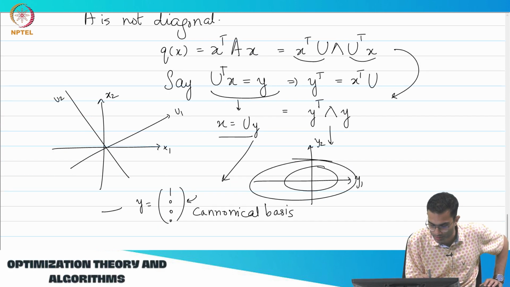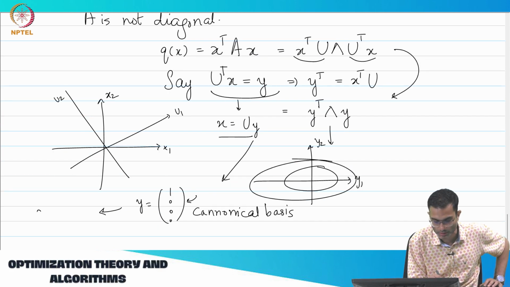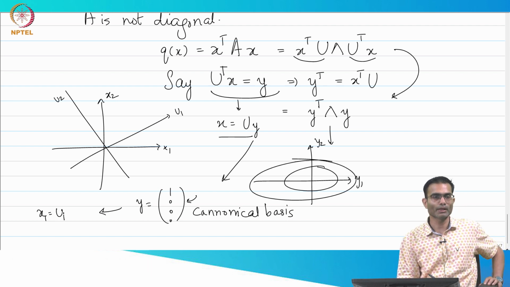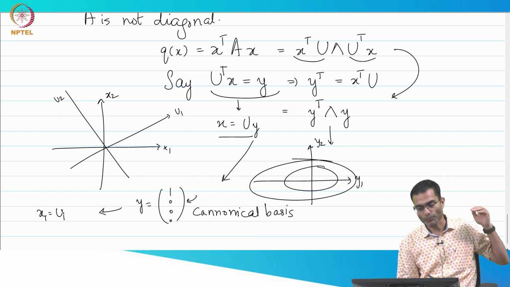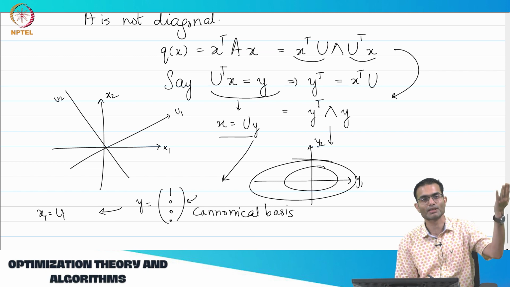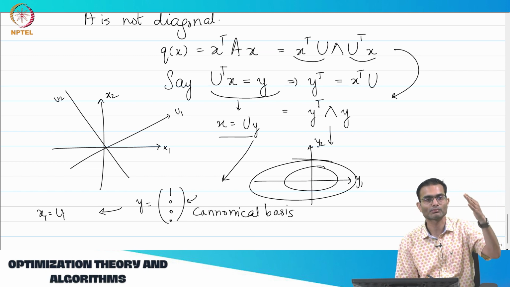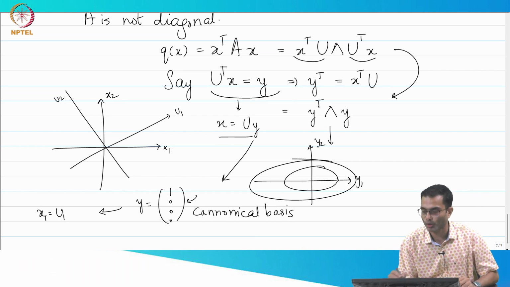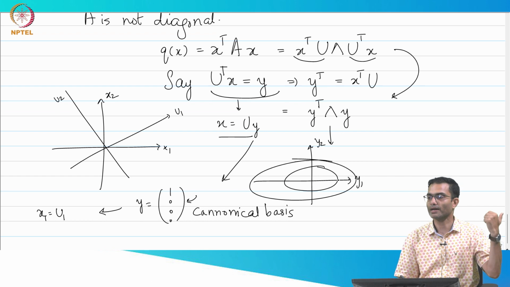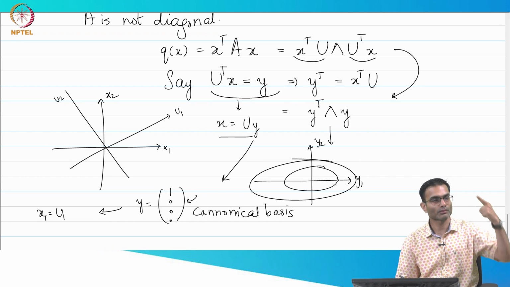So when I stick this over here, what I'm left with is x equal to U1. That means the y1 axis corresponds, in the x space, to which axis? The U1 axis. If there were an ant walking along the y1 axis, in the x space the ant is walking along the U1 axis.